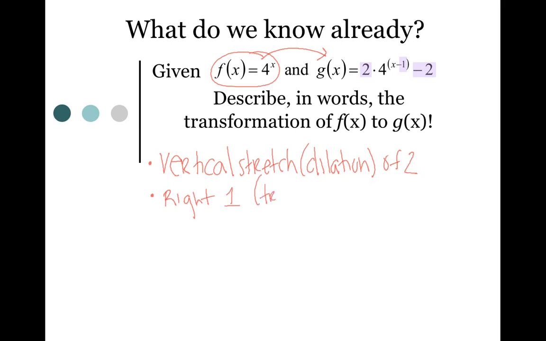It's a translation, but think about every function we've dealt with and what's happening with that. And then that -2 at the end is going to make it go down 2, also a translation.